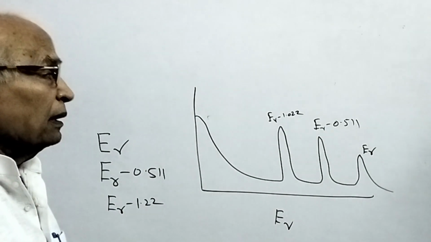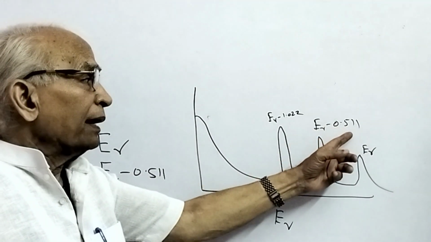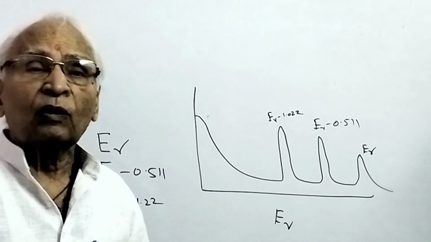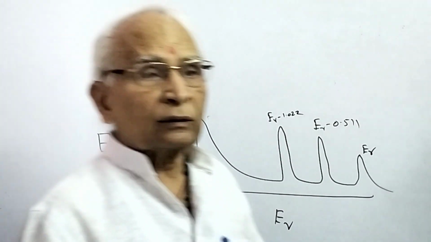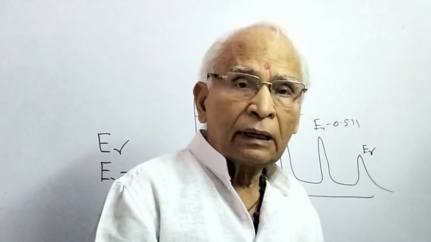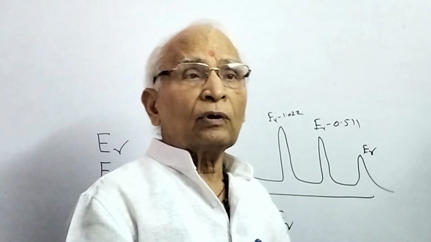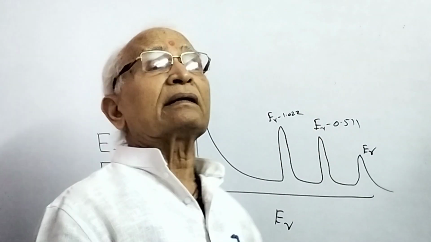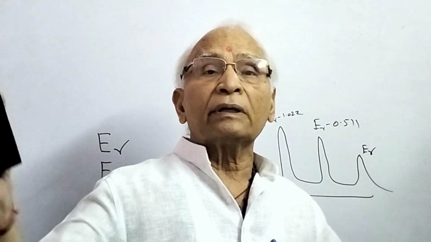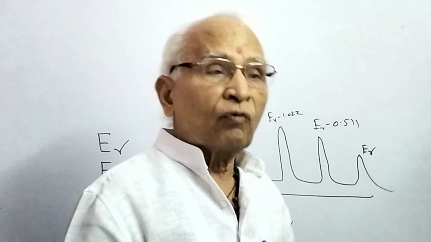Why? Because of 1 gamma escape or 2 gamma escape. The gammas produced by electron-positron annihilation carry the rest mass energy, while the electron-positron kinetic energy is available inside the crystal. That gives the electron signal, but the rest mass energy goes out as 2 gammas or 1 gamma.